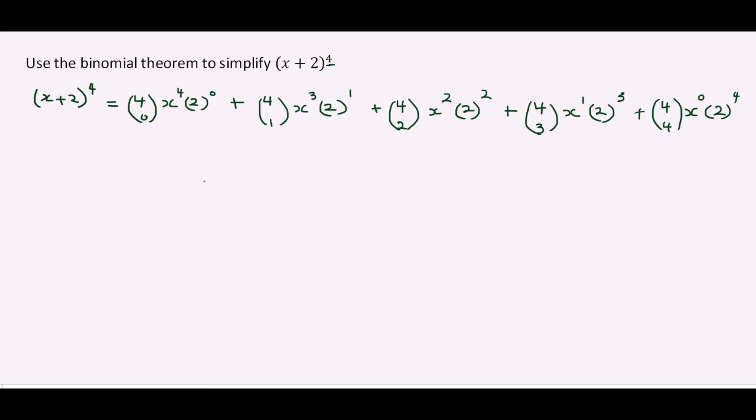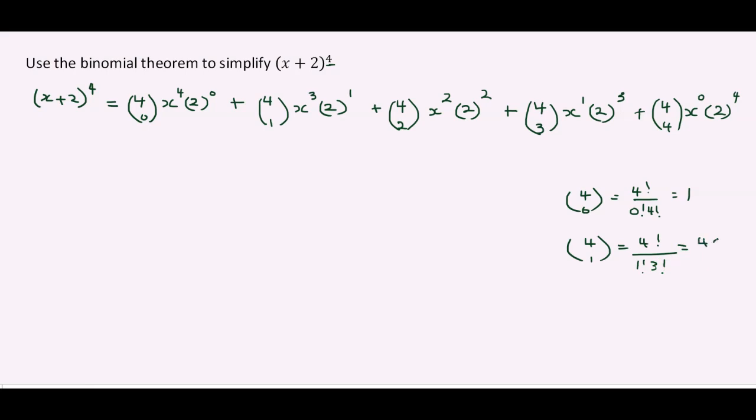So for 0, let's do some work here. 4C0 is going to be 4 factorial divided by 0 factorial times 4 minus 0, which is 4 factorial. This is going to give me 1. 4C1 is 4 factorial divided by 1 factorial times (4 minus 1) factorial, which is 3 factorial. 1 factorial is 1, so I'm just going to ignore it.